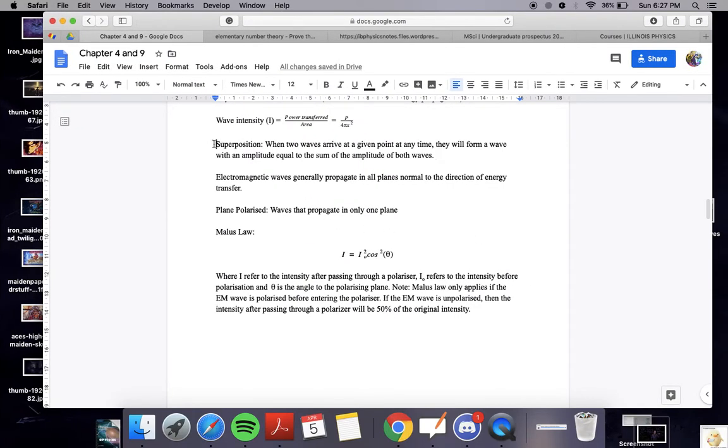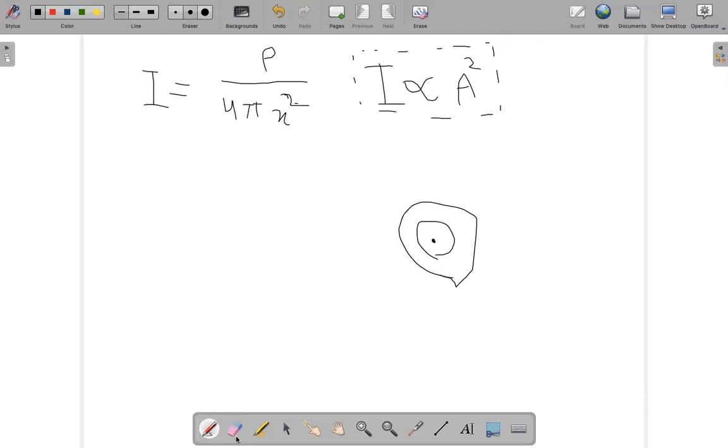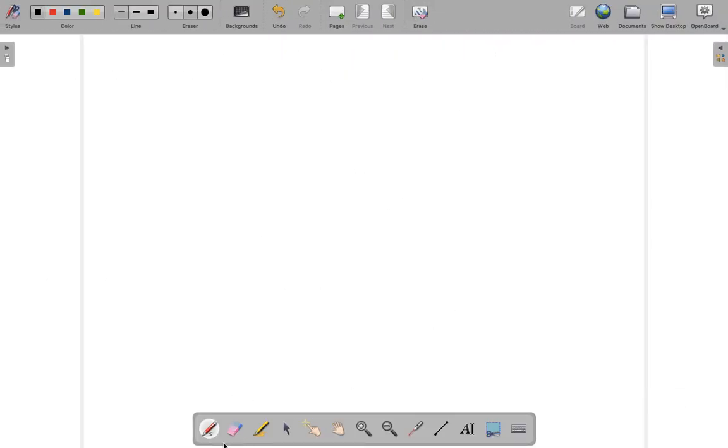Alright, now the principle of superposition. What superposition says is that if two waves arrive at a given point at any time, they will form a wave with an amplitude equal to the sum of the amplitudes of both waves. So what I mean to say is that if we have a wave coming in like this, and then we have another wave.